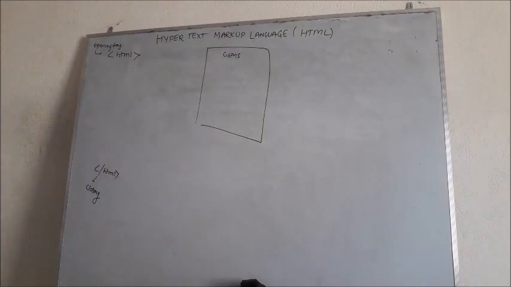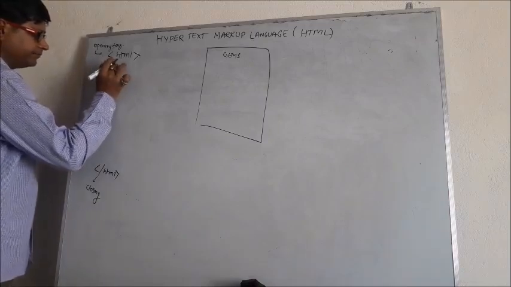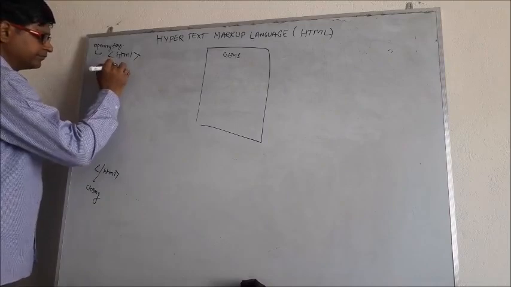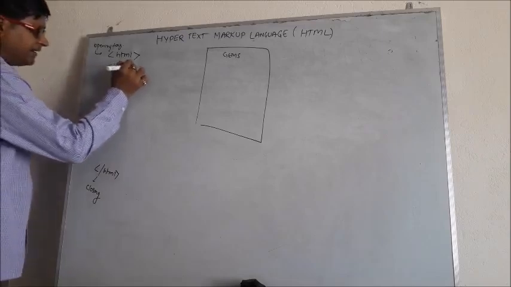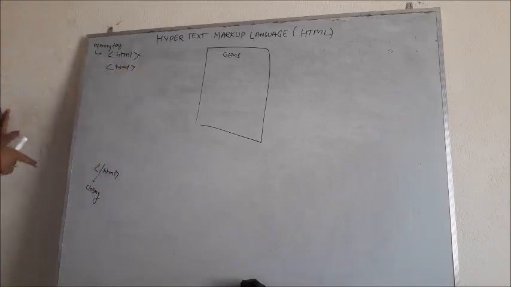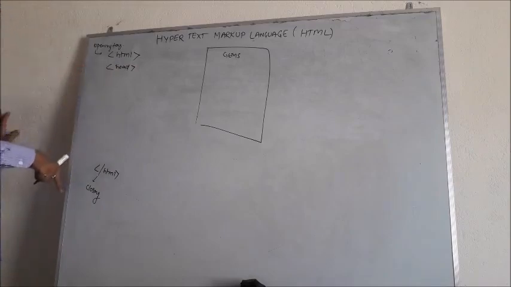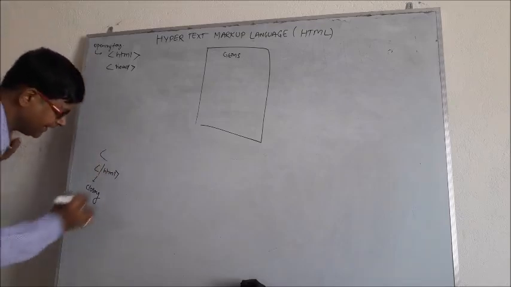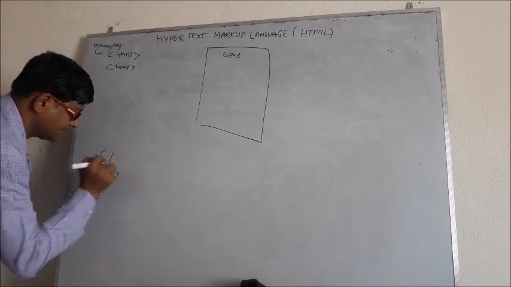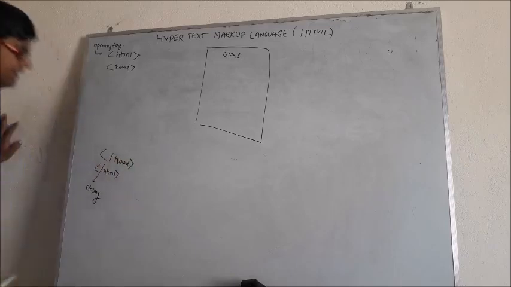So for that you must write head here, and it should be like this. And once the head is opened, it must also be closed with a closing head, so for that we will use slash head, like this.